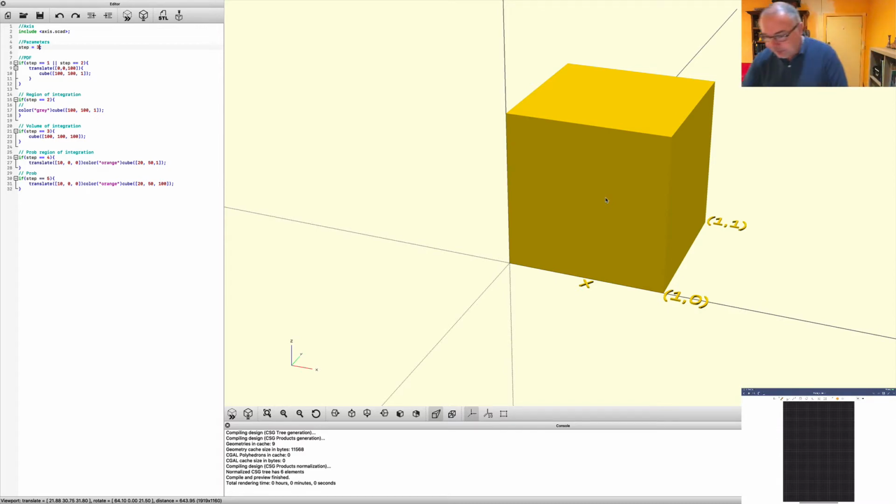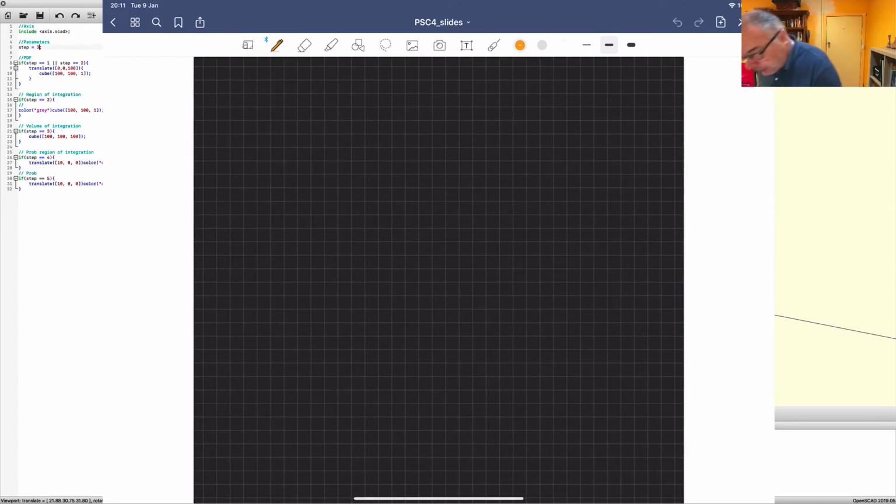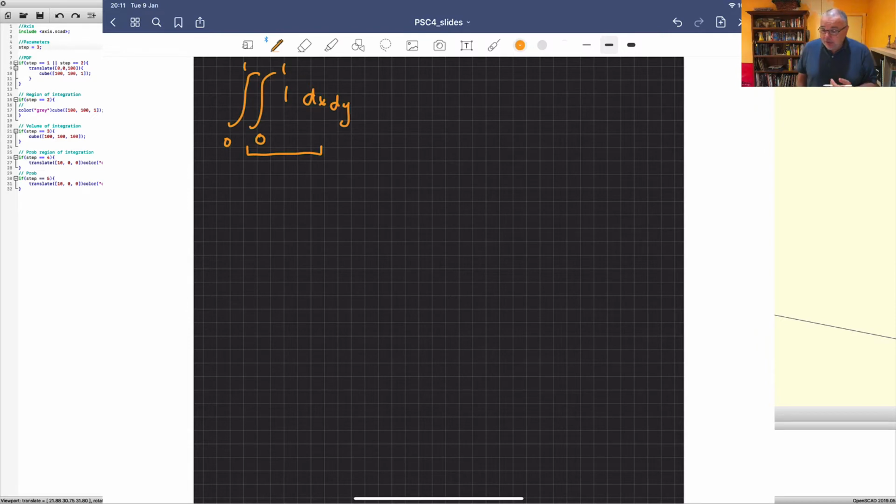So what do we need to do? We are going to integrate our function. We can do dx and dy, so x goes from 0 to 1, and y goes from 0 to 1. And how do we do that? Whenever you're doing that, you take the inner integral, and you integrate that as if it was just a standard univariate integral. In this case, we're going to do that with respect to x.